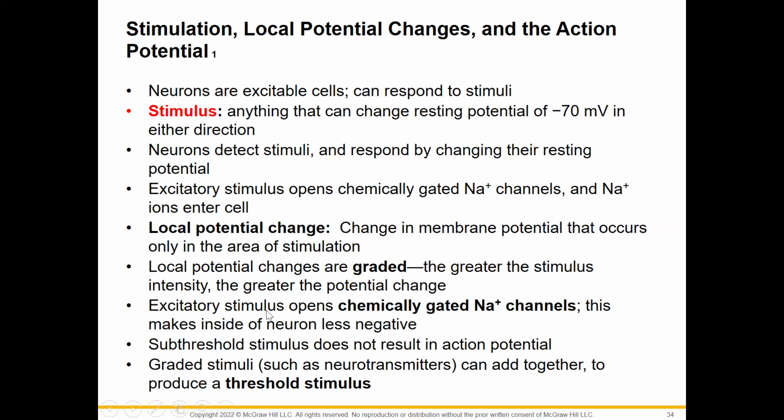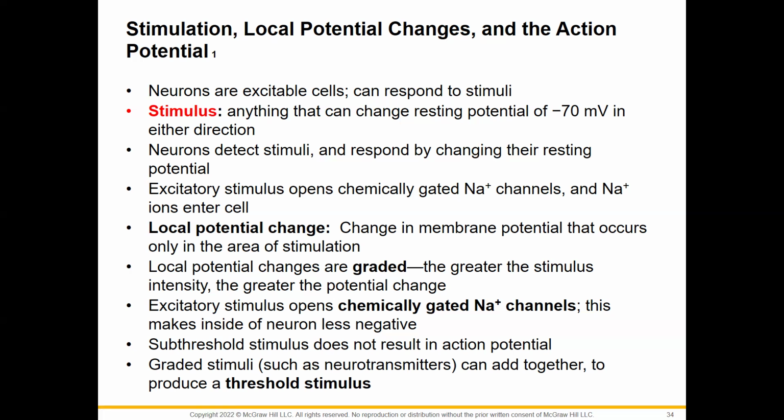An excitatory stimulus will open that chemically gated channel. This will make the inside of the neuron less negative because remember at rest, it is more negative than the outside. And then if you have a subthreshold stimulus, that won't result in too much. So the threshold stimulus, how much excitement, how much movement will it take for that cell to recognize that it needs to change?